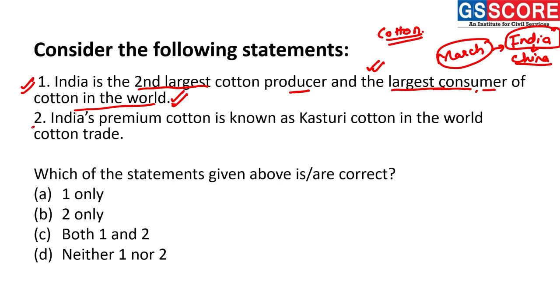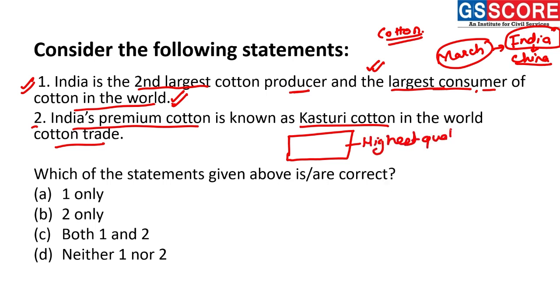Now, statement 2: India's premium cotton is known as Kasturi cotton in the world cotton trade. If we go through the facts or analysis of the government, India has been assigned a particular name for cotton of the highest quality, and it is known as Kasturi cotton.